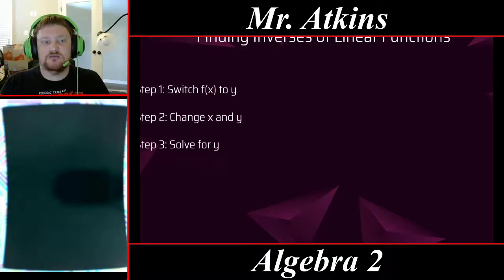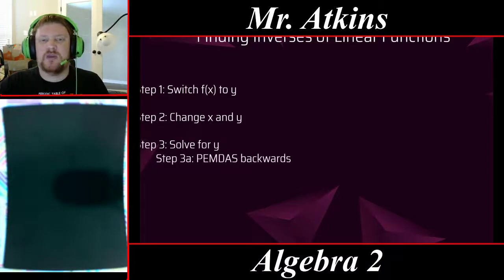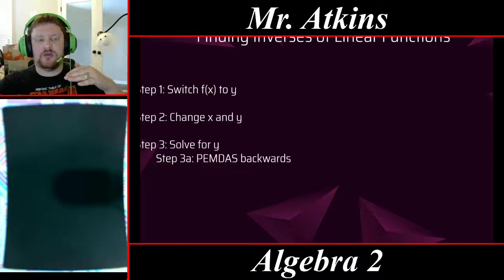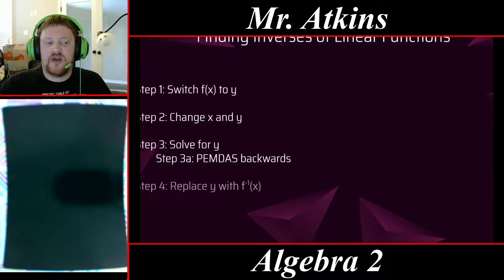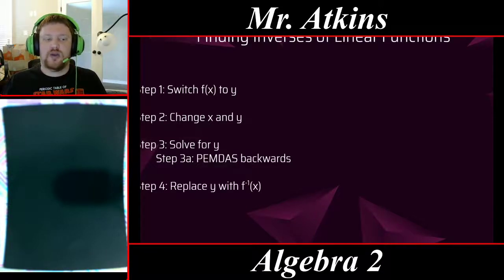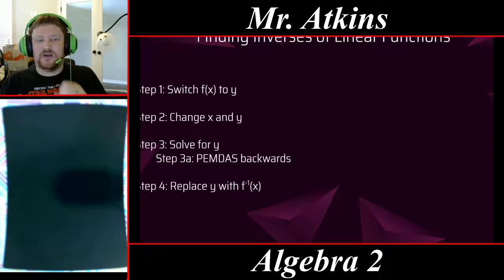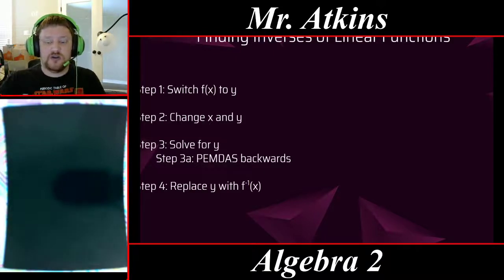Step 3, solve for y. That's going to use PEMDAS backwards. You might remember the order of operations. We're going to do the order of operations backwards to solve for y. Finally, replace y with f inverse of x. So f to the negative 1 is read as f inverse. And then you're done.